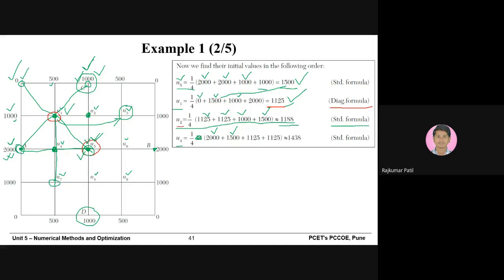So yes, 2000 is there, then u7 is equal to u1, and u1 is estimated as 1125. Then u5 you already estimated, so u5 is 1500, and u1 is 1125. So u4 you will get as 1438.